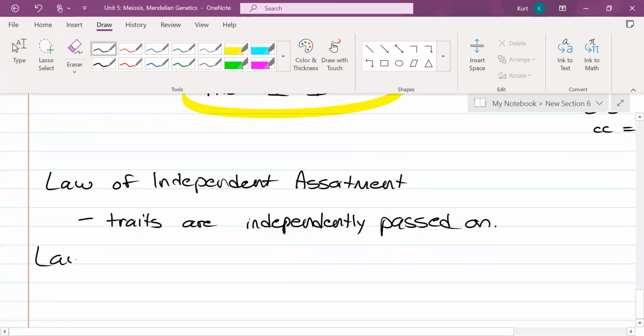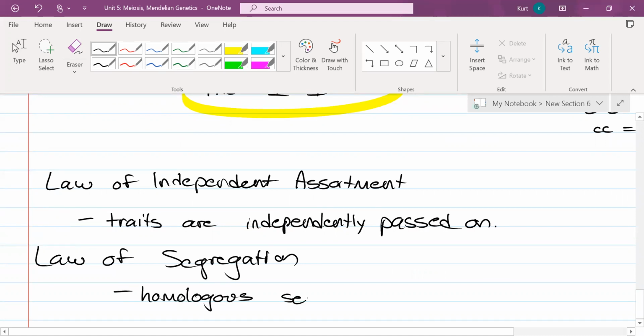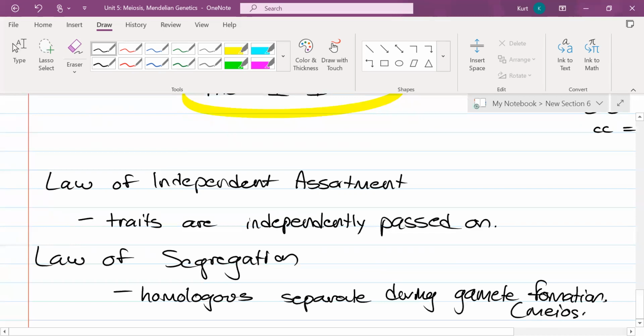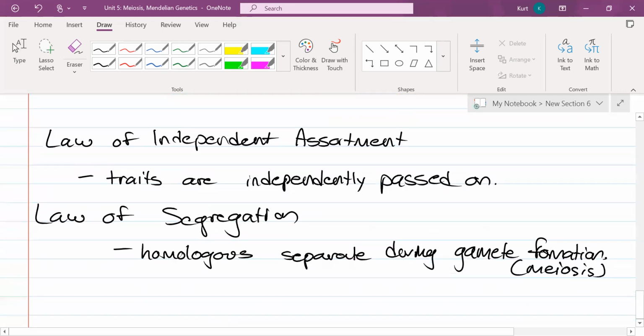The other law is the law of segregation. This means that homologous chromosomes separate during gamete formation, which is meiosis. Okay, but there is kind of an exception.